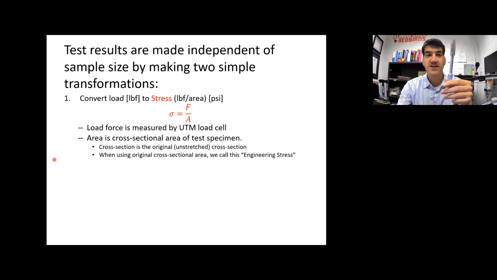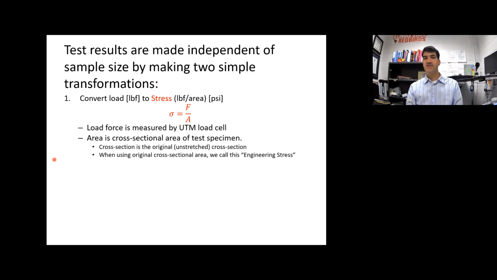So to get that, you'll have to know the radius or the diameter of this test section right here. And we'll talk about that. You'll know that. But that's what you're going to have to do, is create a new data column for these next few labs where you convert all of the force data points into stress.